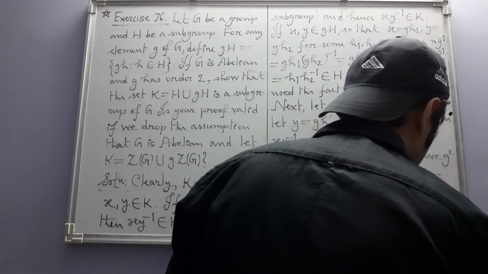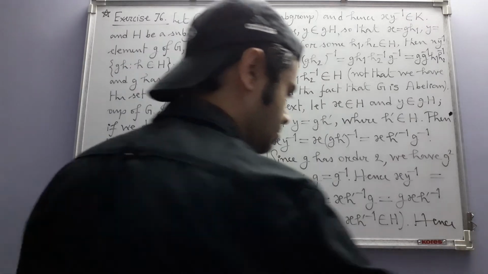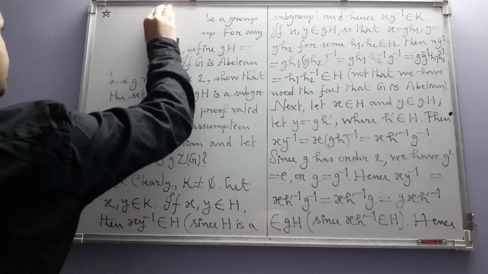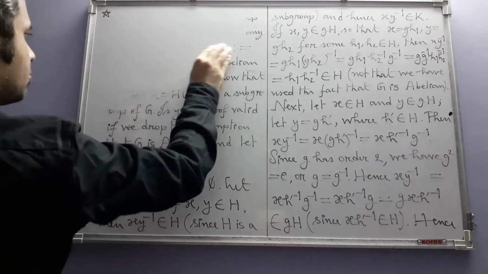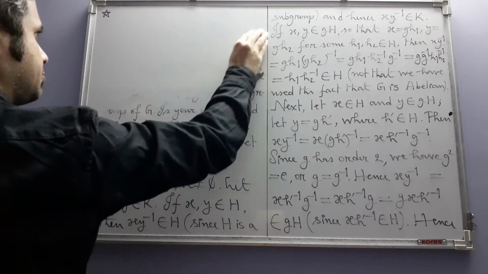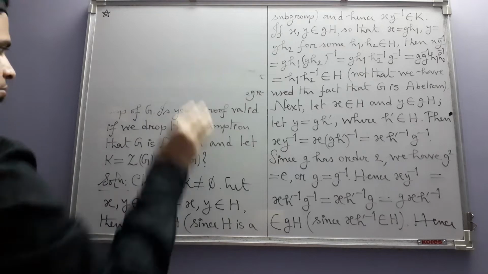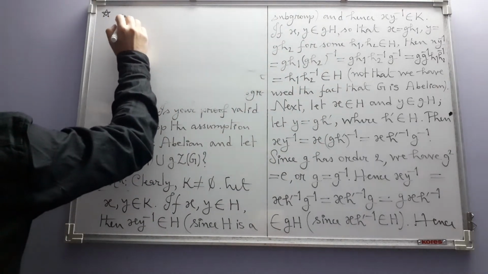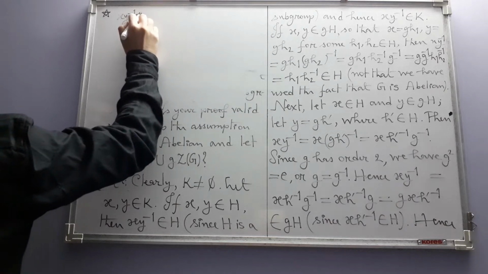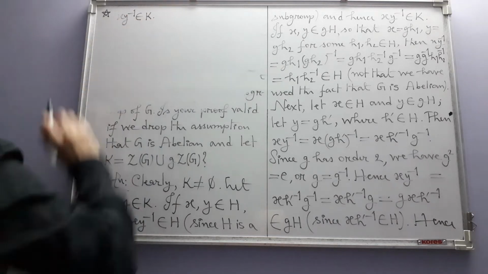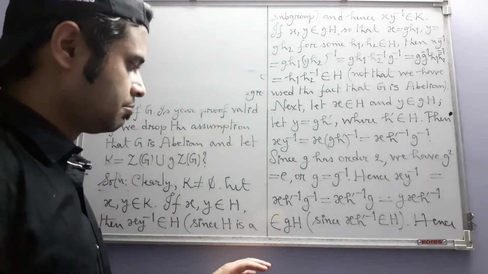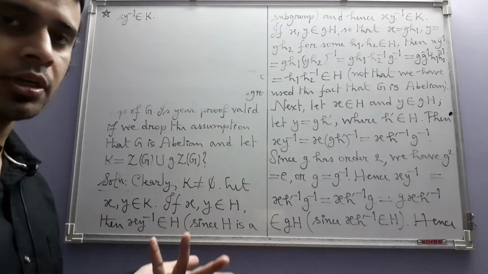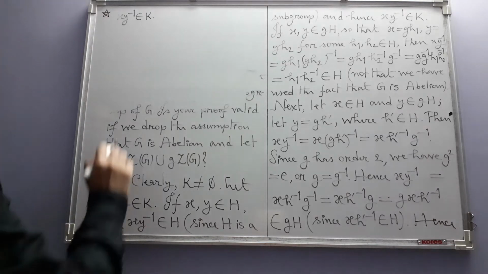Hence xy inverse belongs to K, because gH is also contained in K. K is the union of H and gH.